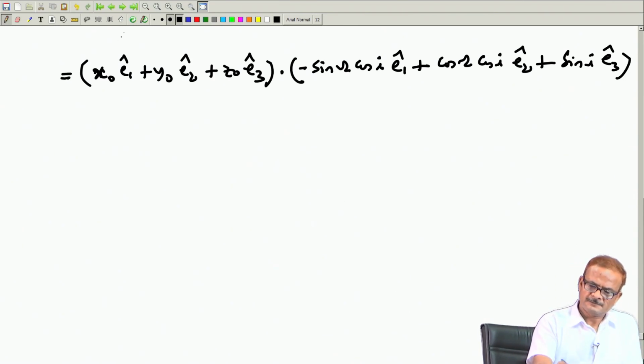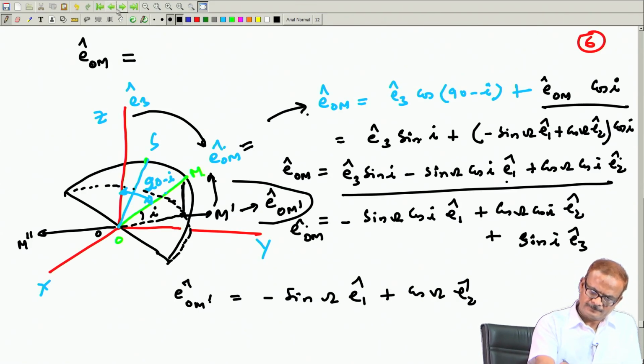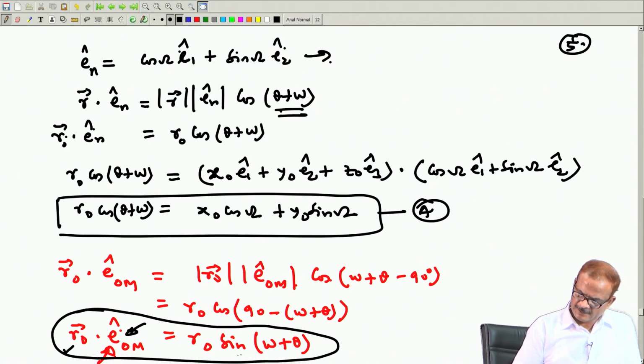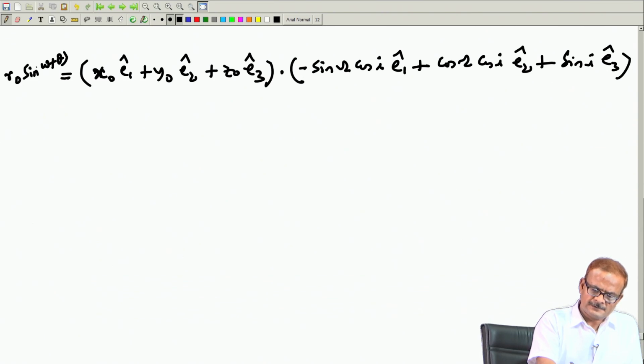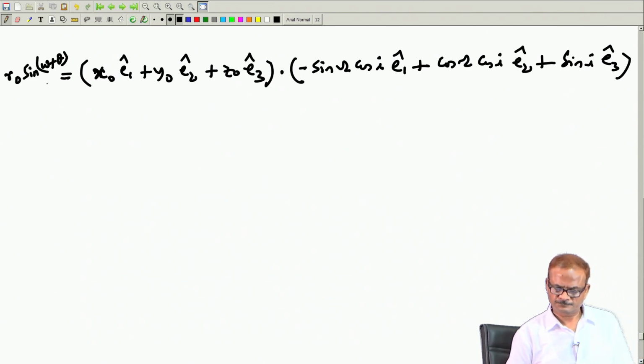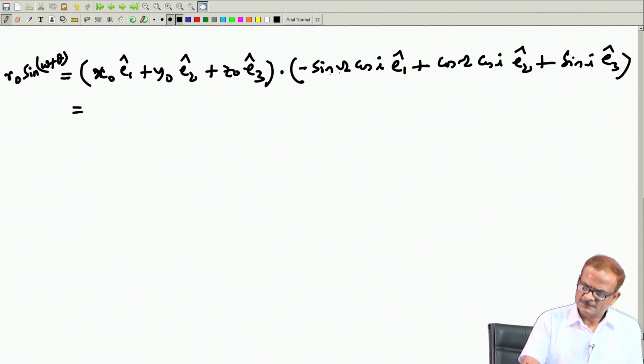And this is nothing but this quantity, R 0 sin omega plus theta. So, R 0 sin omega plus theta is equal to this quantity. So, the right hand side we rewrite, it is a dot product.